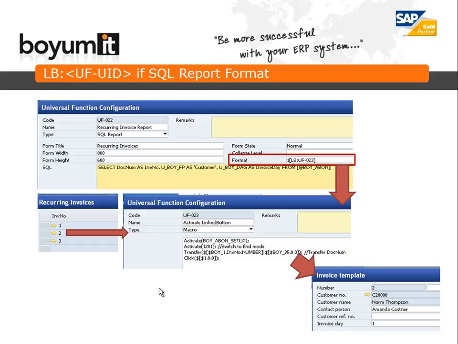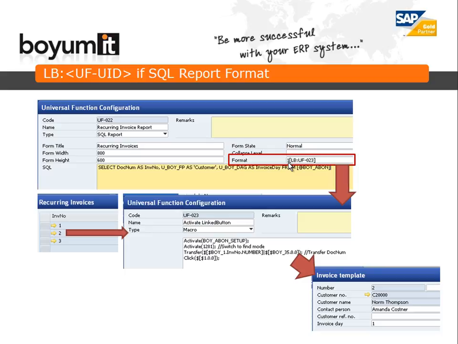So in this case, I have, as an example, just made a list of all the recurring invoices in the usability package. And I can't go in and say that column 1 is a link button to my invoice templates for the recurring invoices, because that is not supported by the format by itself.